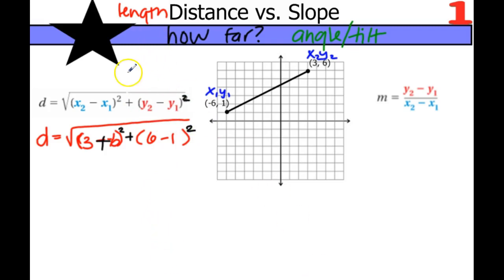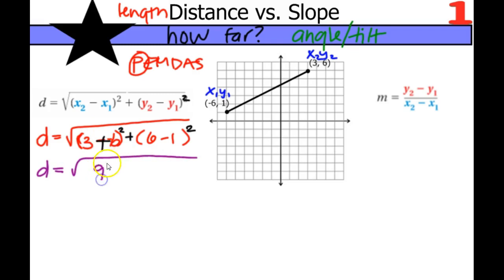So now if we simplify this, I'm going to follow the order of operations. So first simplify P for parentheses. So we have d equals the square root of, well, 3 plus 6 is 9, so I have 9 squared. 6 minus 1 is 5, so I have 5 squared. Now that I've taken care of my parentheses, I can move on to E, my exponents. We're going to simplify each one separately.